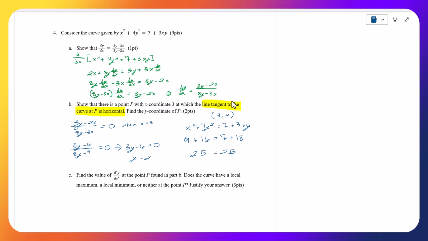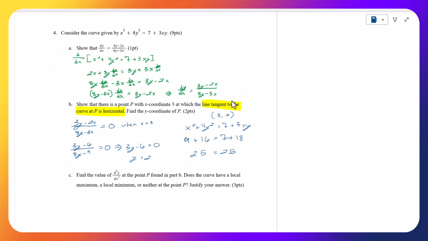Okay, and now find the value of d squared y over dx squared. Does it have a minimum, maximum, or neither at point P? Justify your answer.